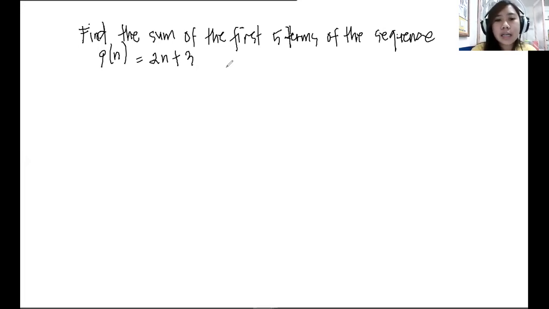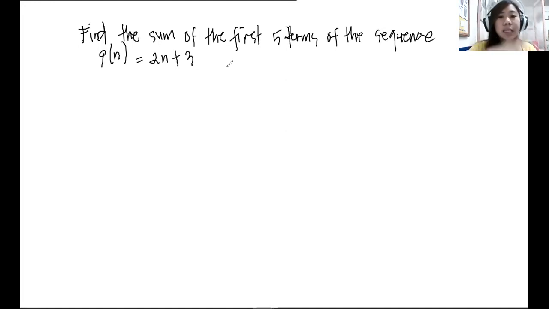As you can see, class, there are no given terms, okay, given set of numbers po of the sequence po. So we need to generate it first, or we need to find the values of 5 terms of the sequence bago po natin makuha yung sum of that sequence.